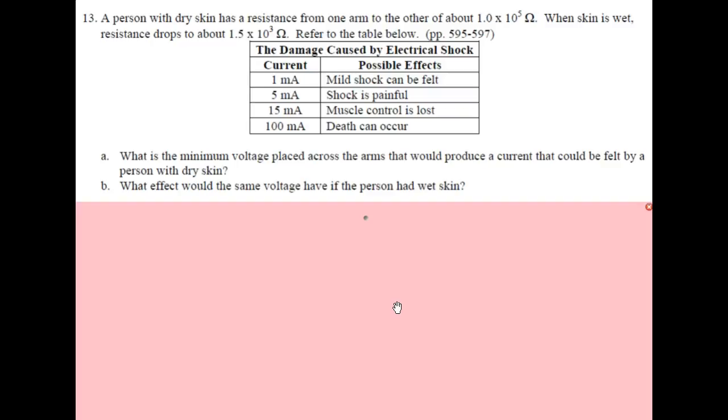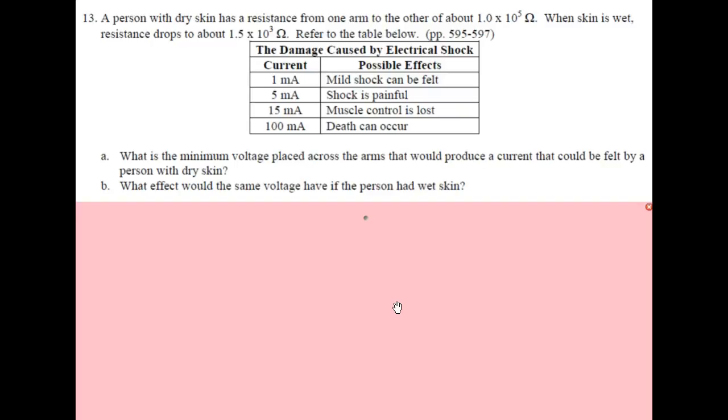We look at the table, which is a table of currents where there are possible side effects, discussing damage caused by electrical shock. And you notice that it only takes 1 milliamp for you to feel a mild shock. At 5 milliamps, the shock is painful. At 15 milliamps, you would lose muscle control. And at 100 milliamps, that can kill you.